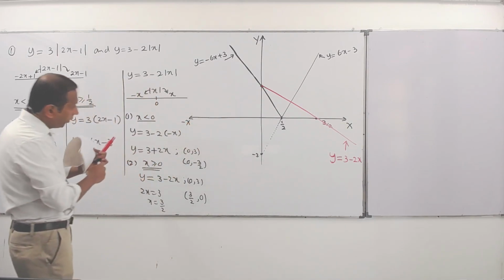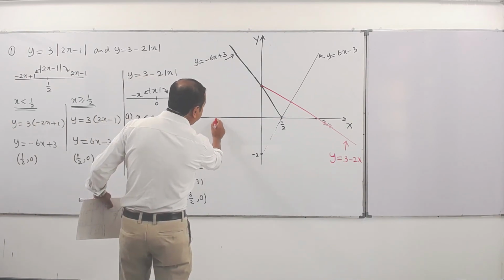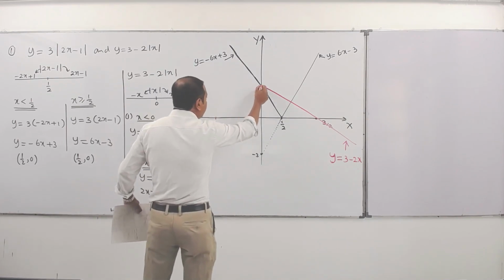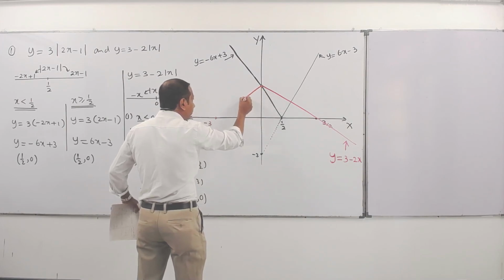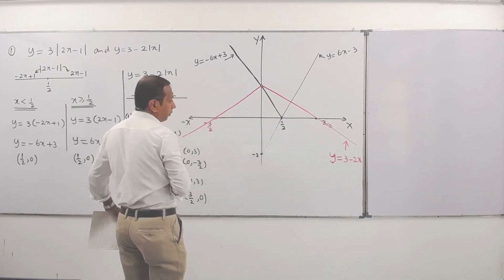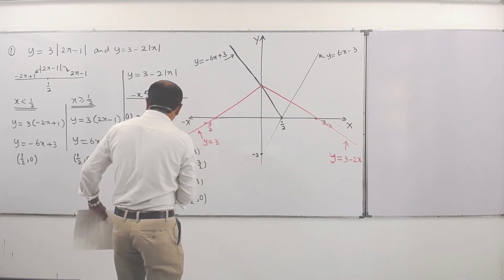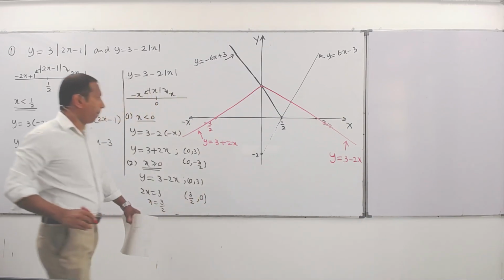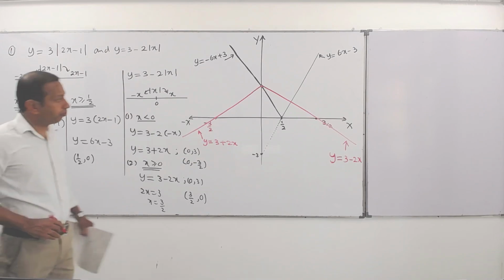Join this and this. So this is the equation y equals 3 plus 2x. This is the graph. The two graphs we get.